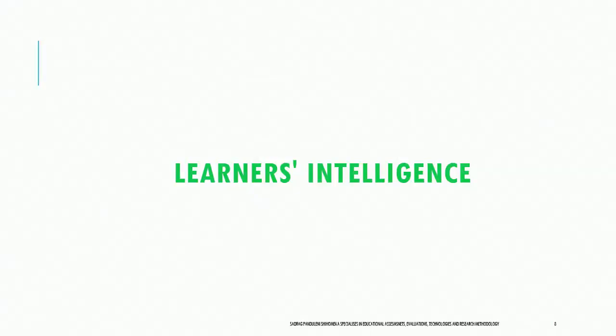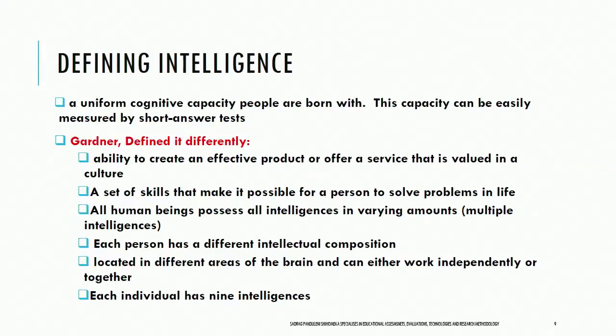The other key area that we are emphasizing, apart from the learning domains, is learners' intelligence. As you can see in your study guide, intelligence is defined as a uniform cognitive capacity that people are born with. A lot of people look at it like that, that people are born with a specific intelligence.